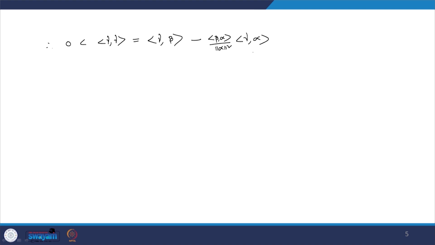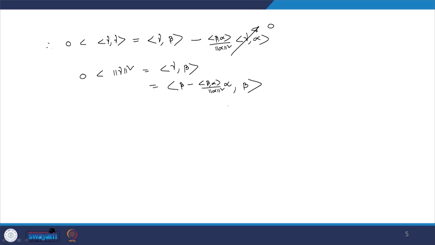So we have the inner product of gamma gamma equal to this quantity, but this term is equal to 0, we have already seen it. So this implies that 0 is strictly less than the norm of gamma square, which is equal to the inner product of gamma and beta. And again, according to the definition of gamma, this is equal to the inner product of beta minus the inner product of beta alpha by alpha square and alpha, and then beta.